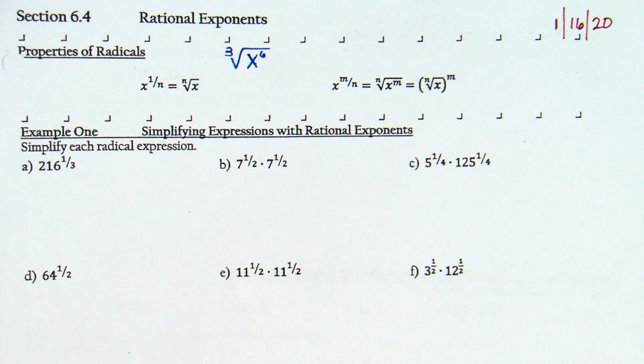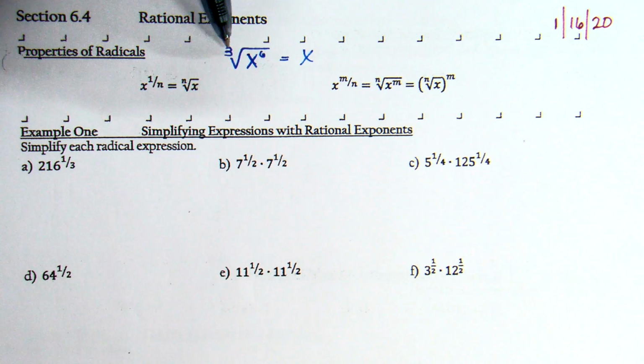If I say the cube root of x to the 6th, we can take that out of radical form and write it as an x with a fractional exponent. So this can be written as x to the... 3 is my index or my root. So where did I say that always goes? It always goes in the denominator.